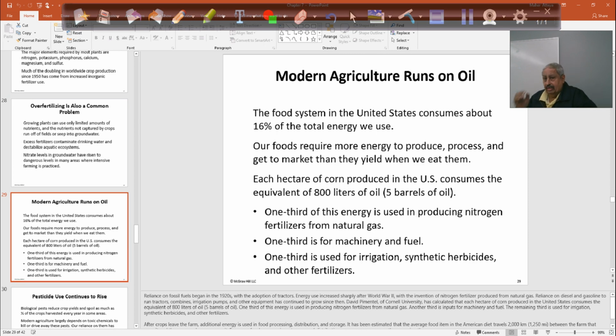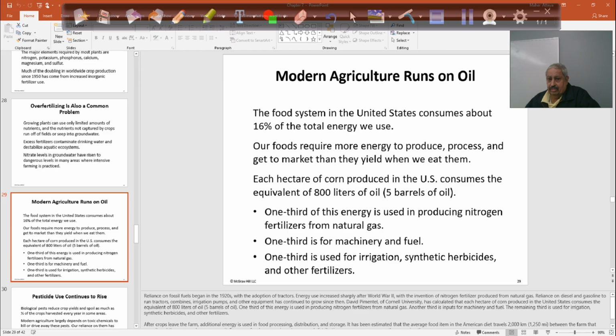Modern agriculture runs on oil, of course, because you are running machineries here, tractors and all heavy machines. You run them using crude oil, I mean, oil after processing it.